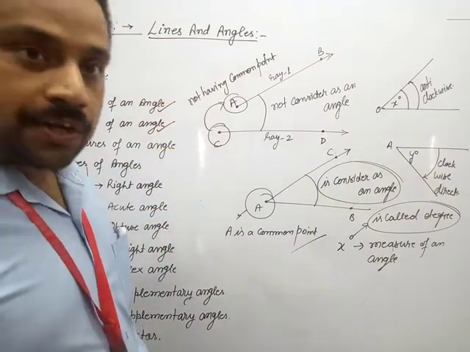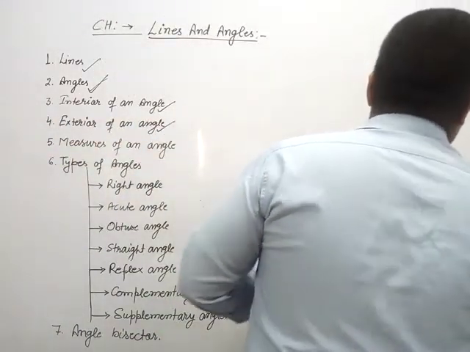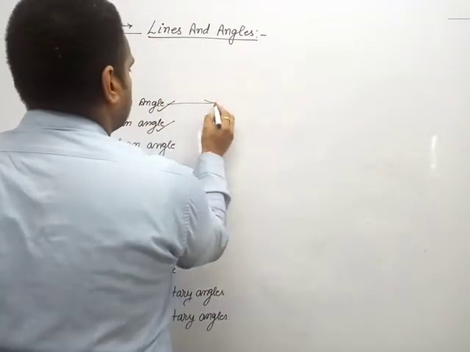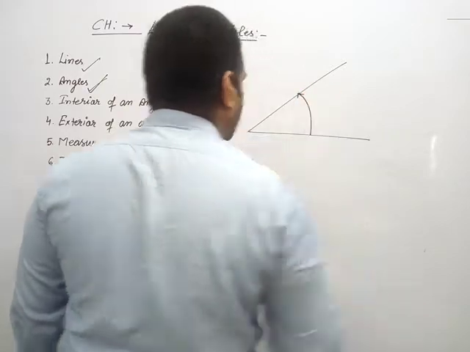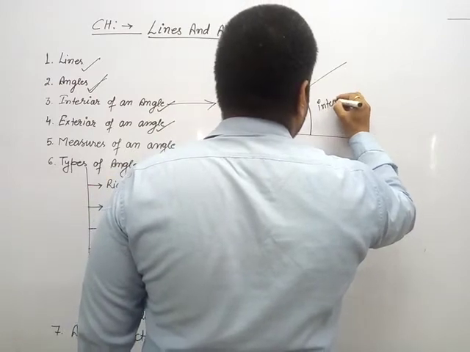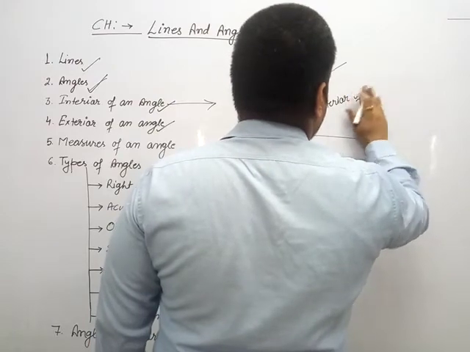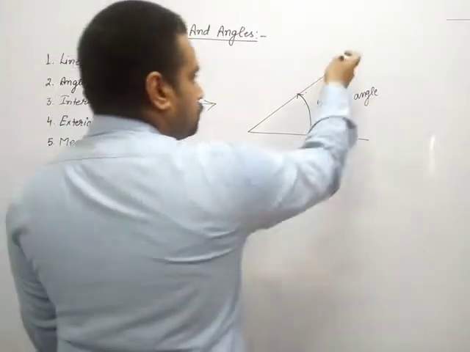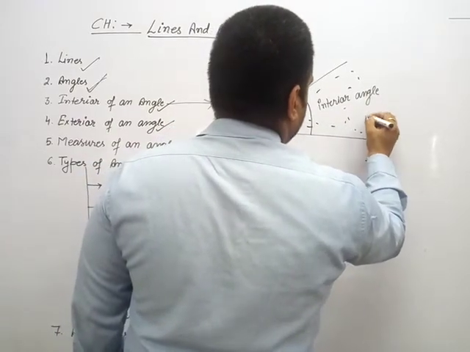So what is an interior angle and what is an exterior angle? When you take a gap between two rays, the gap between the two rays is called the interior angle, because this is an interior part, all of this is an interior part.